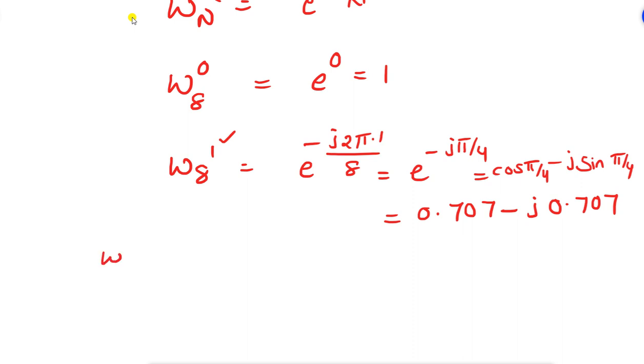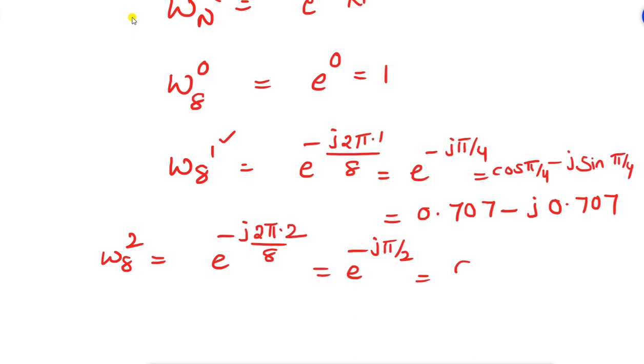Similarly, W_8 to the power 2, that is equal to e to the power of minus j 2 pi into 2 by 8, that is equal to e to the power of minus j pi by 2, that is equal to cos pi by 2 minus j sin pi by 2, and its value is equal to minus j.